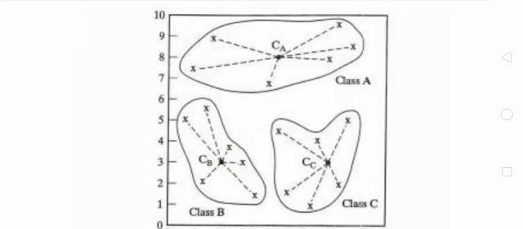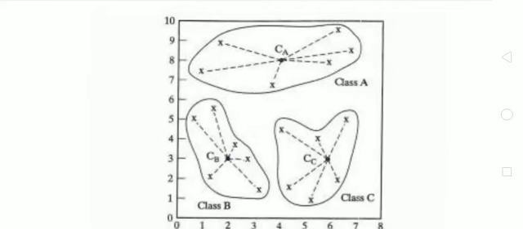As shown in the diagram, every input is properly measured on the basis of distance, and it is defined that these inputs belong to class A, these inputs belong to class B, or these inputs belong to class C. This is a simple approach called the distance based approach to classify every input value to the respective class, which is measured on the basis of the distance of the input from the center of the class.